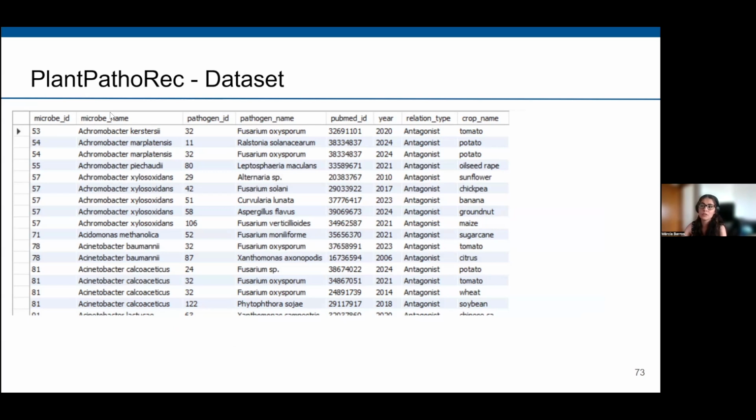But for example, we can find the microbe ID, which is an internal ID, a microbe name, the pathogen ID and name, the PubMed ID where we found this microbe and this pathogen, the year of the paper, the relation extracted from these two, and also the crop. Because most of the papers actually are directed to crops. So we need to identify the crop, the pathogen, and the microbe.